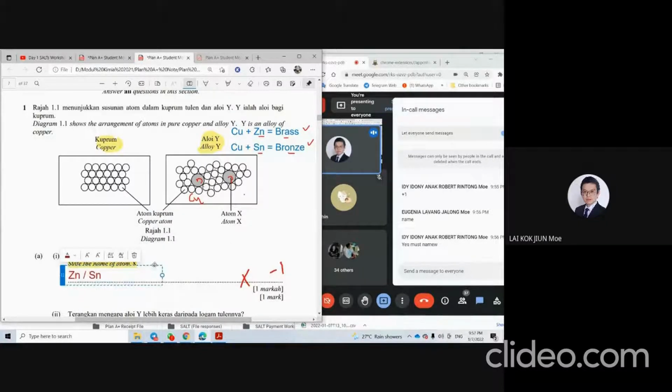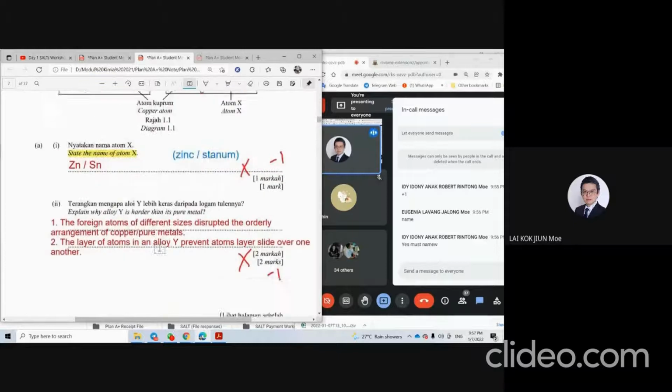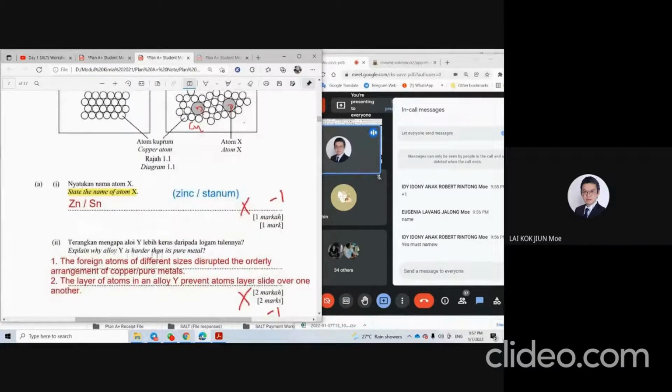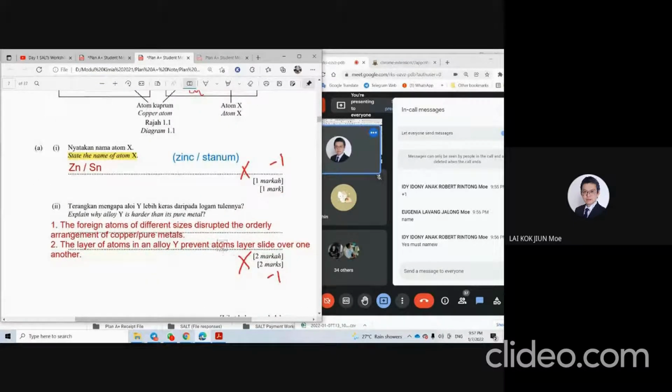This one wrong already. So you can accept either zinc or standard. And no problem. Anyone got problem, you can just stop Mr. Lai and tell Mr. Lai. Okay. So which one is harder? Why wrong? Why wrong?